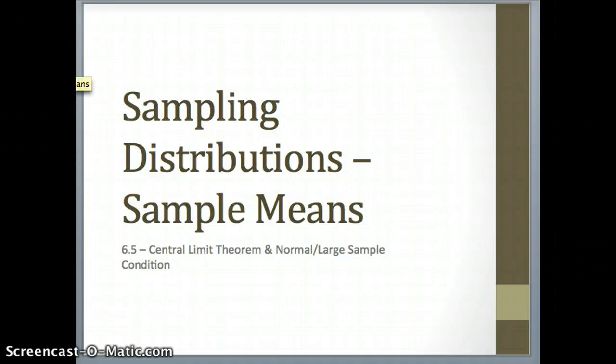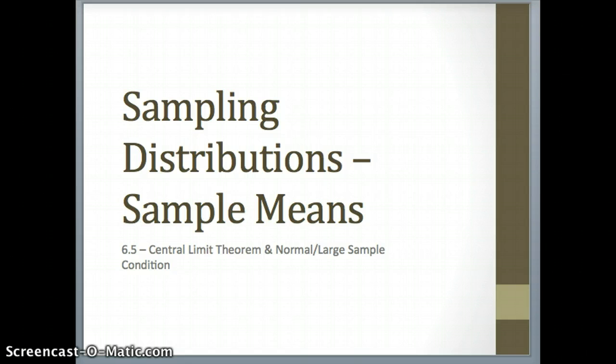As the sample size increases, the sampling distribution of your sample mean will change its shape. It's going to start to look like a normal distribution. When the sample size is large enough, the sampling distribution of your sample mean is going to be very close to normal. This is always going to be true no matter what shape the population distribution has.